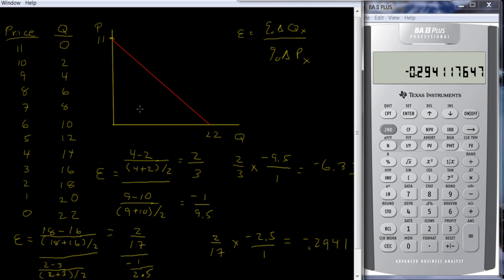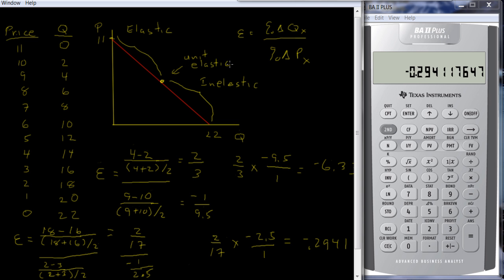In fact, let me write that down. Elastic, inelastic, and right here at the midpoint we have unit elasticity, or unit elastic.